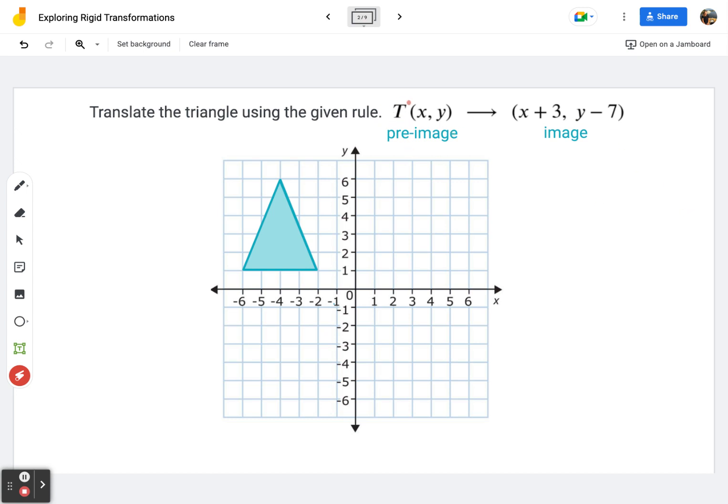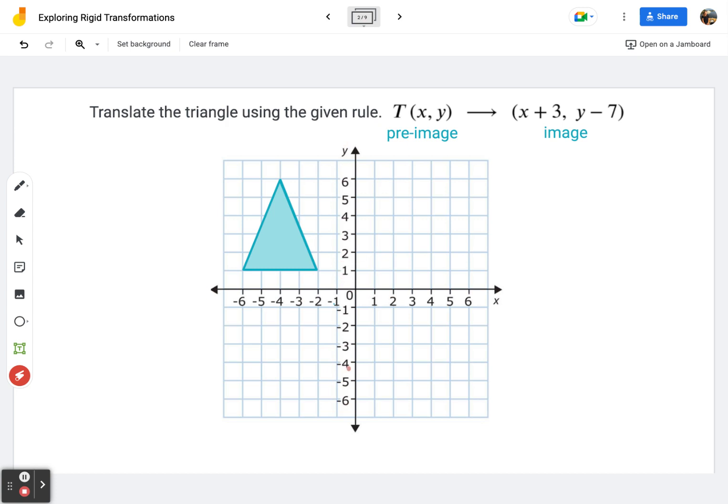Capital T means we're translating. Any point in our pre-image with coordinates (x, y) maps to (x plus 3, y minus 7). Now, to interpret this rule, you want to remember the x-axis goes horizontally. The positive end of the x-axis is here, the negative end is to the left.